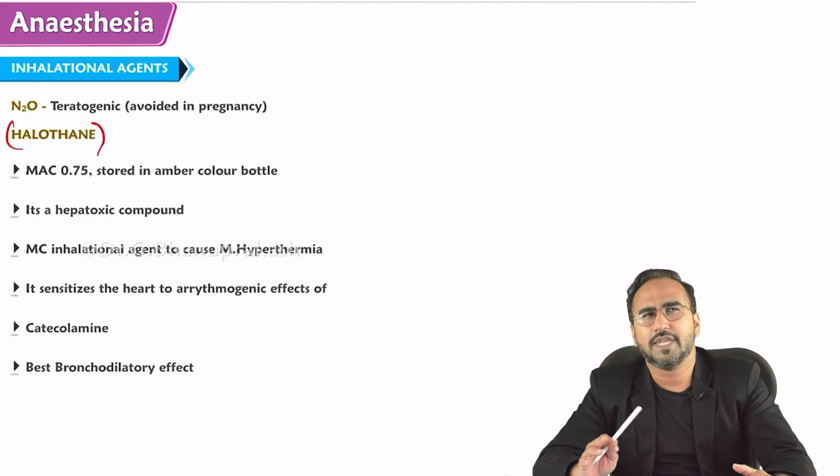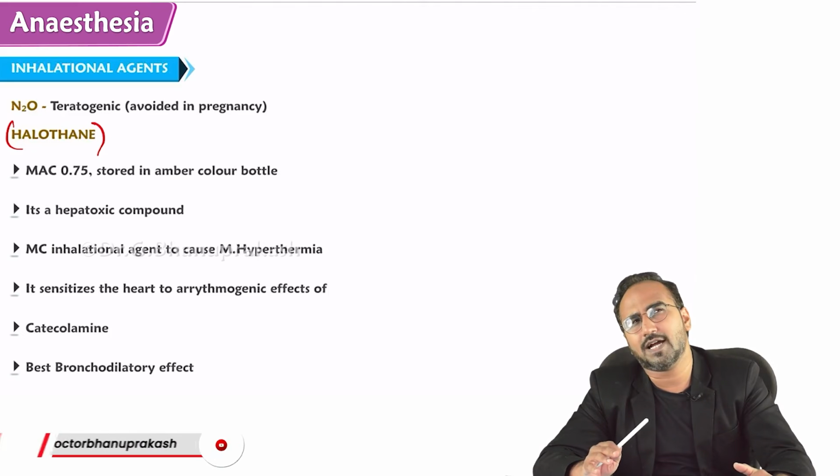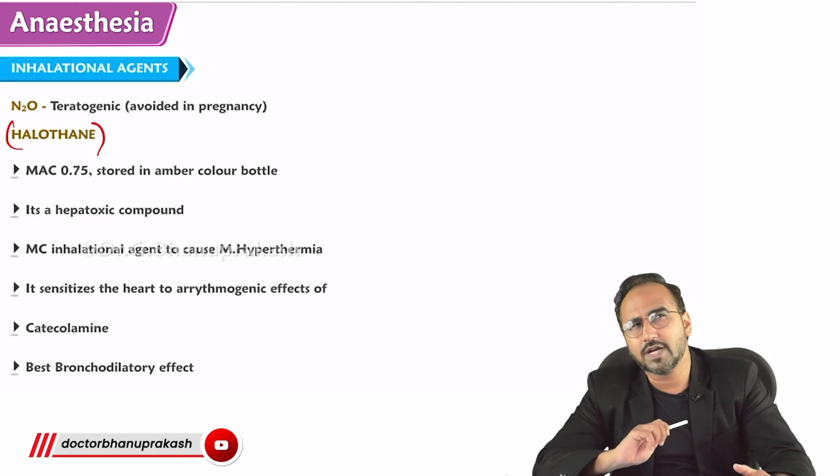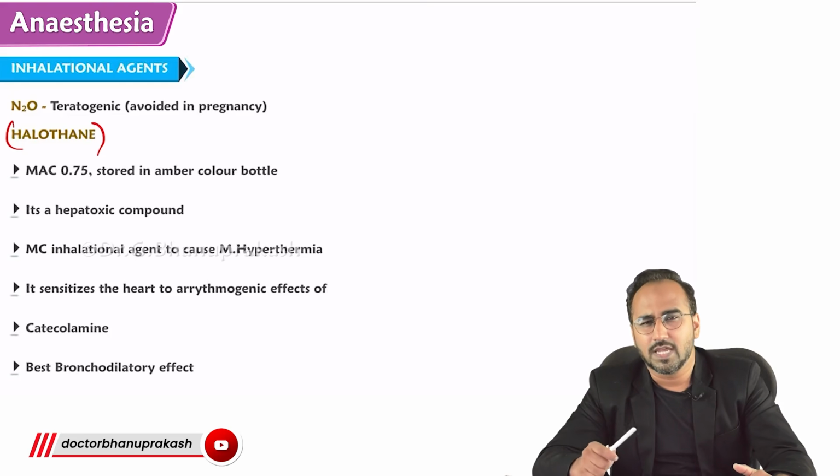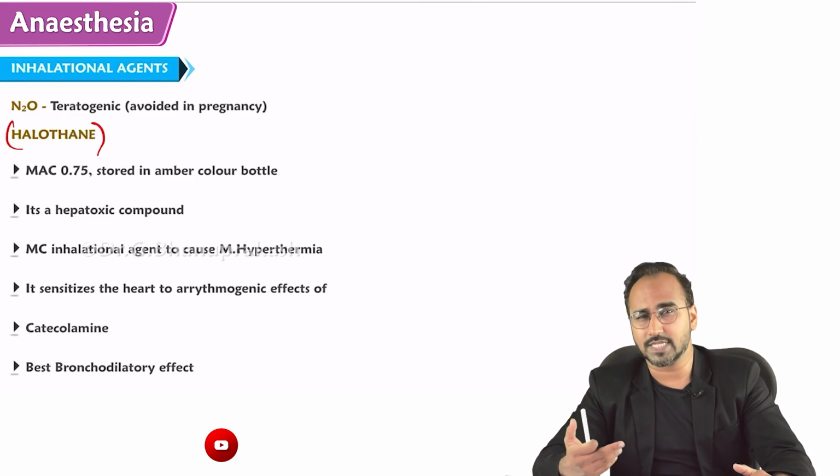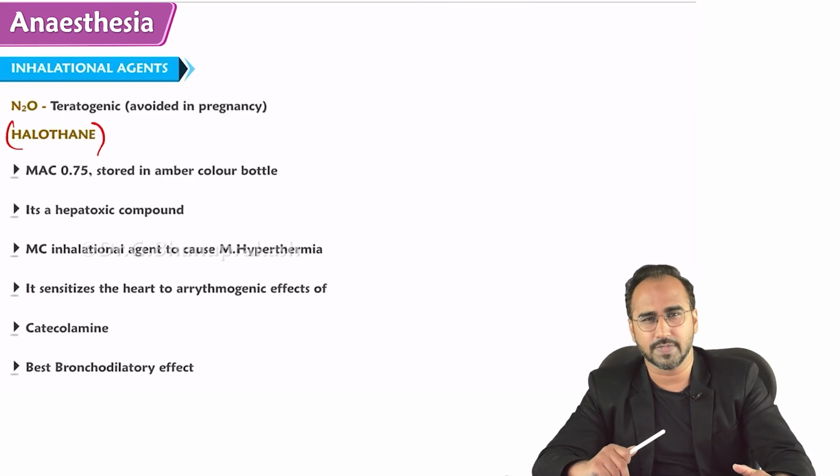Good. Next, what comes to my mind regarding halothane? Halothane is avoided in heart disease. Why? Because it causes hypotension and bradycardia, plus it increases the sensitivity of myocardium towards catecholamines.